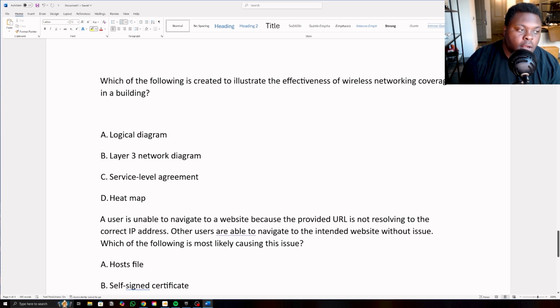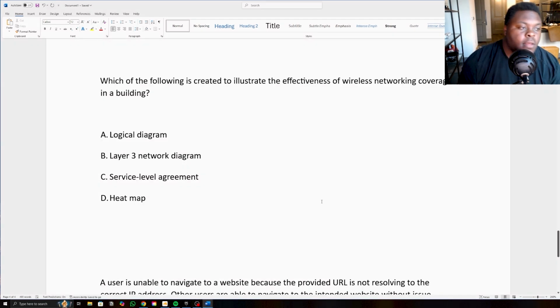Alrighty, moving right along. Which of the following is created to illustrate the effectiveness of wireless network coverage in a building? So we're looking for an illustration for how well the wireless coverage is in a building. We have A, logical diagram.